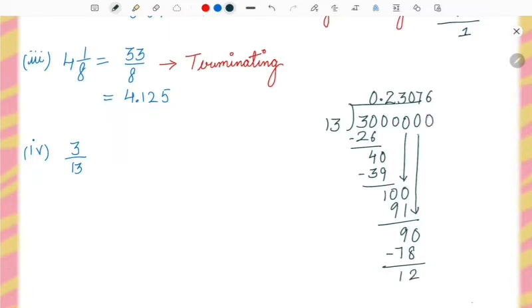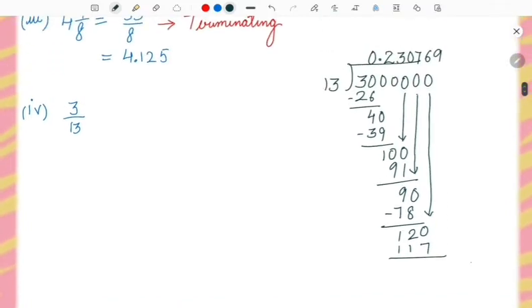Then I'm adding another 0. 13 9s is 117. The remainder came out to be 3, which was the dividend that we started with. So the calculation after this repeats itself, right?